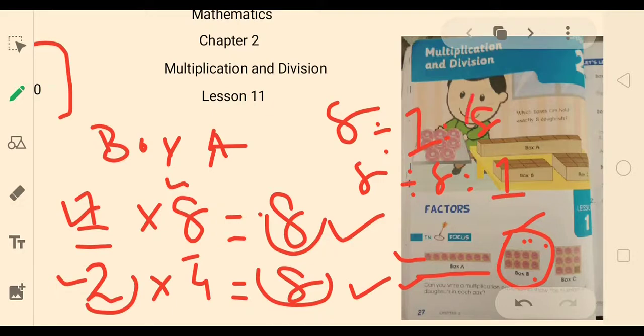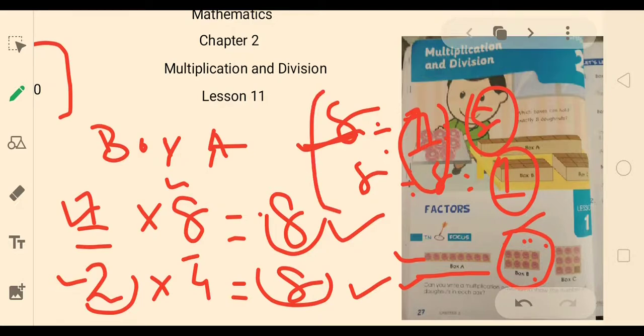It means the answer has no remainder. Is it clear? Both the numbers 1 and 8 divide 8, and the answer has no remainder. So these numbers are the factors.